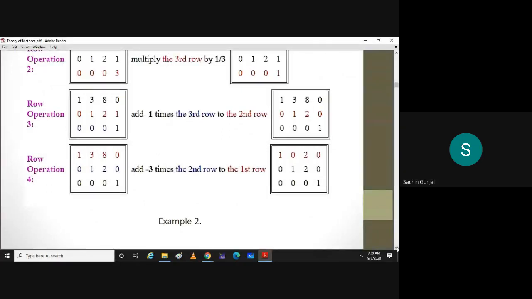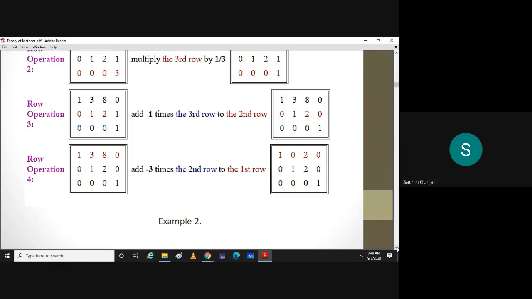A few things I forgot to mention yesterday. Please note this down: as far as possible, try to avoid fractions in calculation. Meaning, if you have entry 5 in the first row and below that you have entry 4 in the second row, now you want to make that 4 as 0, right?